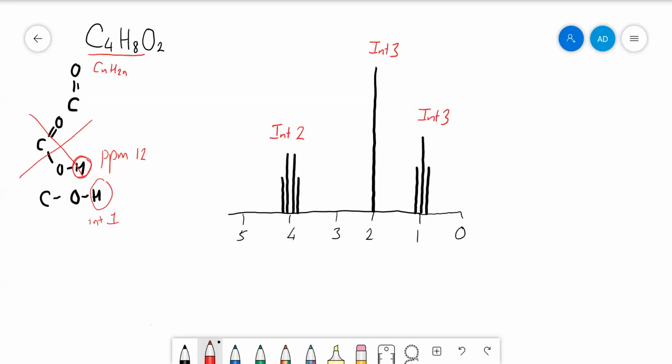Let's look at those integrated values. Well, what have we got? This is an integrated value of 3. It's almost certainly going to be a CH3. This is going to be a CH3 as well. And this is probably a CH2. There's 2 hydrogens in that environment, integrated value 2, 3 hydrogens in that environment, and so on.